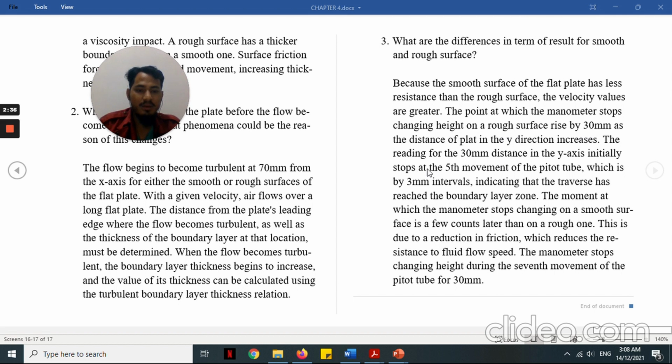The moment at which the manometer stops changing on smooth surface is a few counts later than on graph 1. This is due to reduction in friction, which reduces the resistance to flow speed. The manometer stops changing height during the 7th movement of the pitot tube for 30 mm.